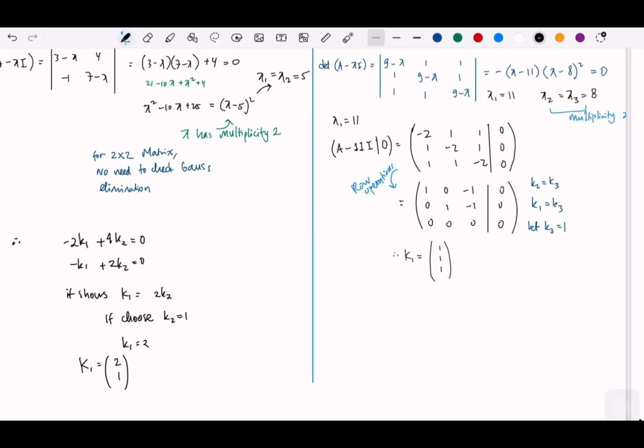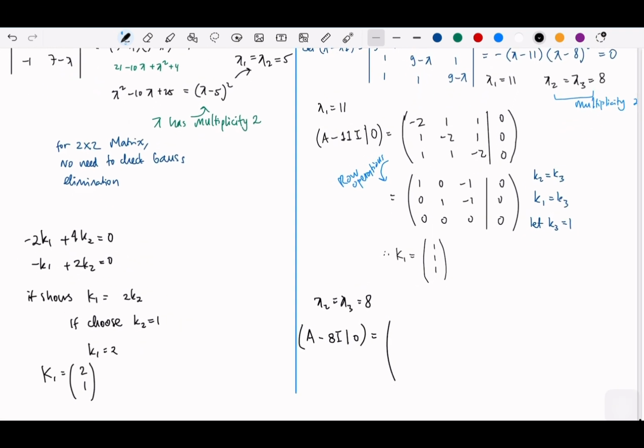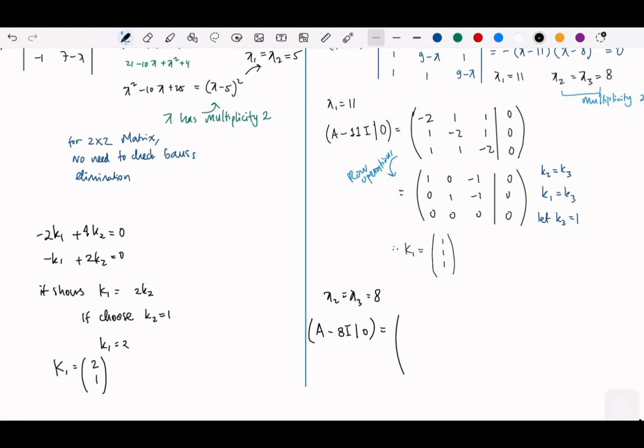Okay, now check lambda 2 and 3, which is 8. So we are going to take A minus 8I for the row operations. So 9 minus 8 will be 1, and we are going to see 1, 1, 1, all the row.